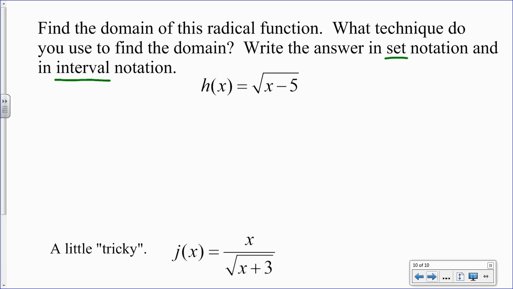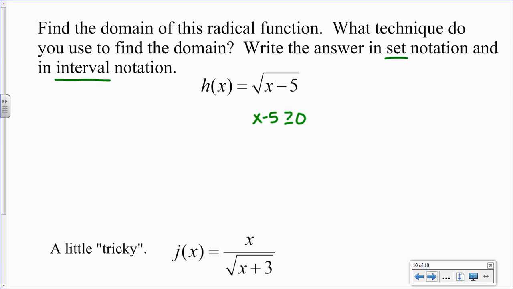The issue with radicals is that what's underneath has to be non-negative, because you can't graph imaginary numbers on a standard coordinate plane. Okay, so I know what I want underneath needs to be non-negative, so I want to use the inequality. X minus 5 is greater than or equal to 0.